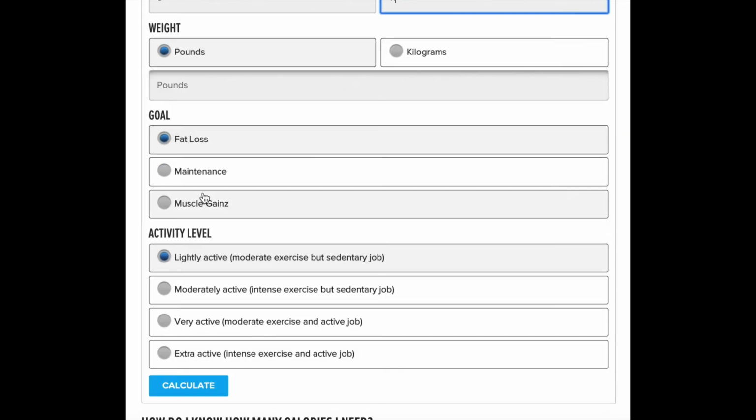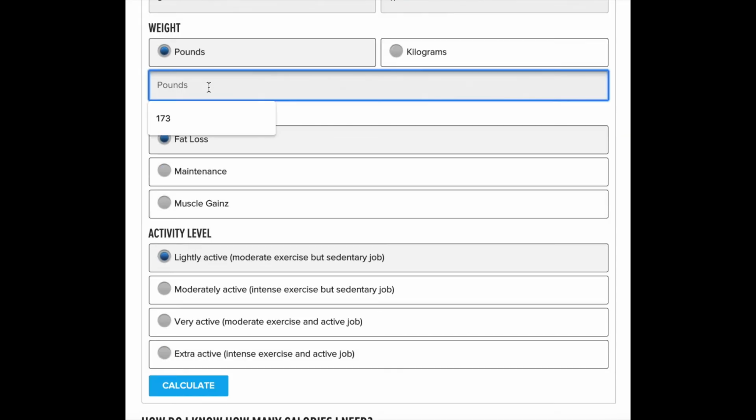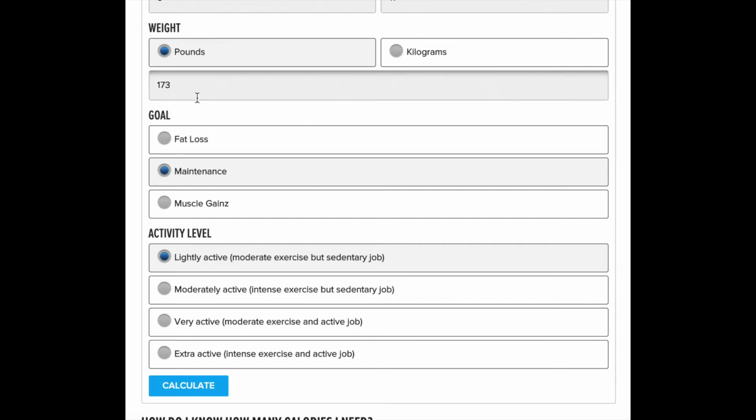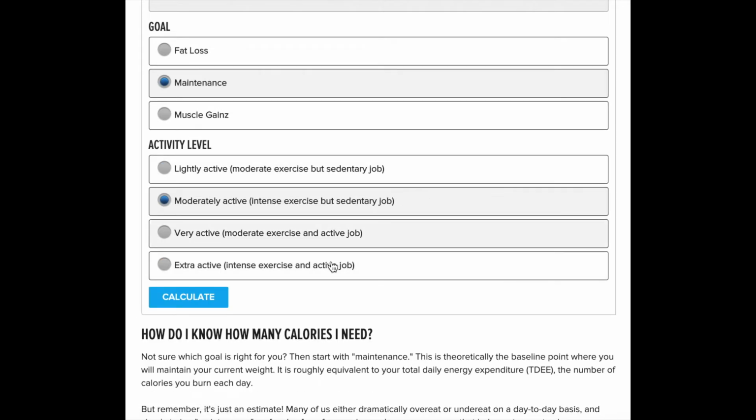Now we're going to enter my weight in pounds. I am 173 pounds, and I am going to maintain my current 173 pound body weight. I would consider myself moderately active. I usually get about 3 days a week of exercise, and my job I would generally consider sedentary. I'm not doing any physical labor. So therefore, this is what I'm going to put down here.